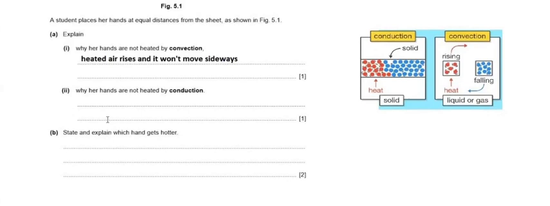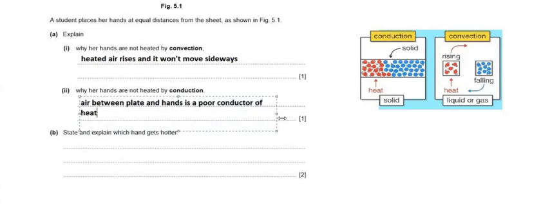That's why we can write down: air between the plate and hands is a poor conductor of heat. Air can't transfer the heat effectively. That's why her hands are not heated by the process of conduction as well.